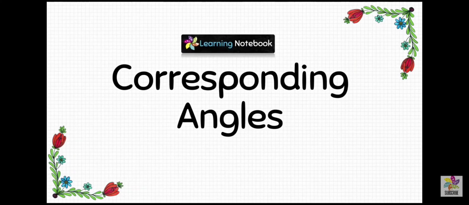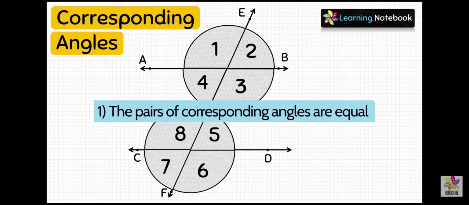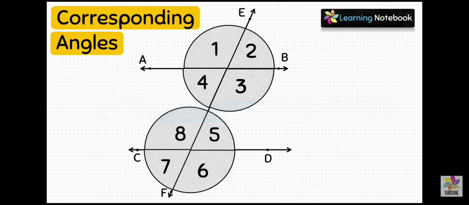Now next, let's see corresponding angles. Students, we have already learned what corresponding angles are. Now, we have to prove that pairs of corresponding angles are equal. To prove this, let's make another set of these 8 angles.